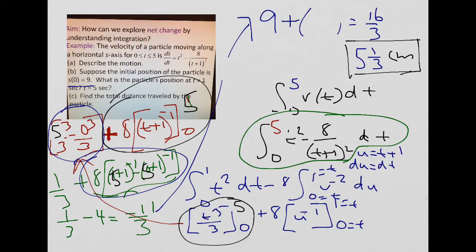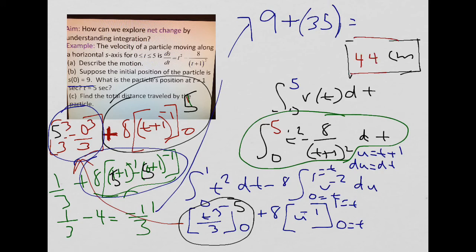And this should be clear. It's at the top of your screen. Okay, we have 9 plus, in this case, it actually turns out to be 35. Okay, so when t is equal to 5, the particle moved to 44 centimeters, which is crazy, but cool.